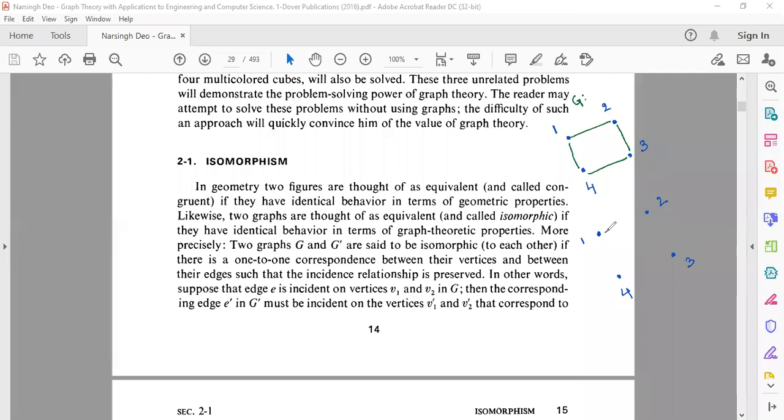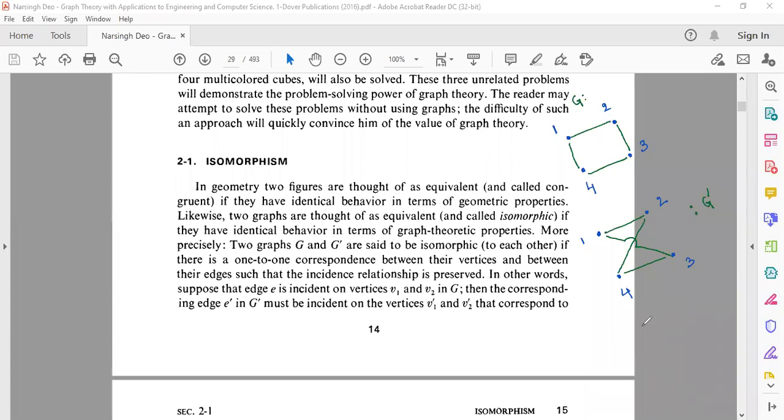So 1 and 2 are being joined like this. This is the edge. Then I'm going to join 2 and 4 like this, then 4 and 3 like this, and then 1 and 3 like this. Let us name this graph G prime.